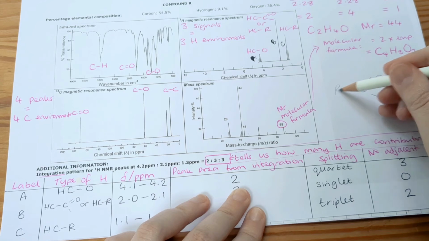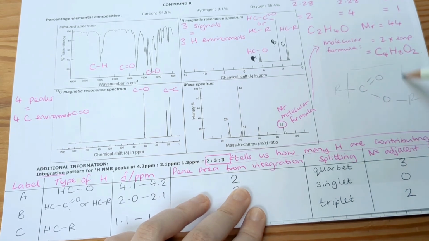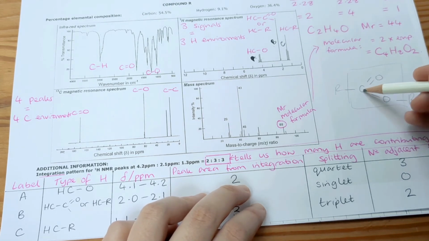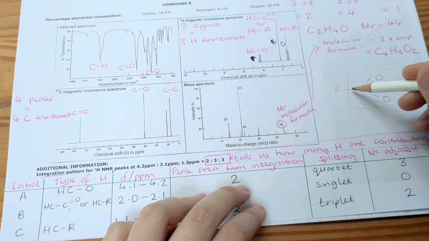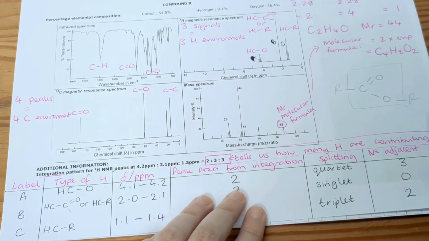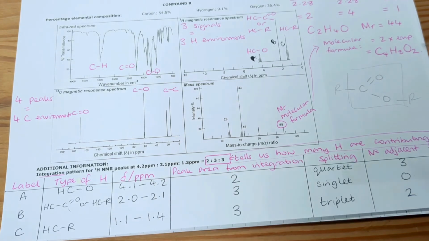So this is the ester functional group, where the R groups are a carbon chain. You can see this carbon has no hydrogens attached. It's got 4 bonds, so it can't have anything else attached to it. So that's what's probably happening here.